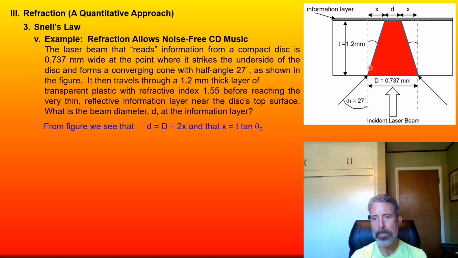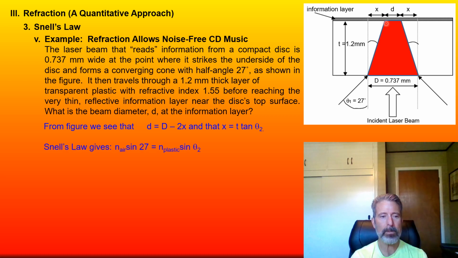And x, using a little right triangle trigonometry, is equal to t, the thickness of this piece of plastic, times the tangent of theta 2, our angle of refraction. You'll notice that theta 1 defines our angle of incidence in the incident medium, which is air, and theta 2, which I didn't fit in here, is the angle that the refracted ray makes with respect to the normal.